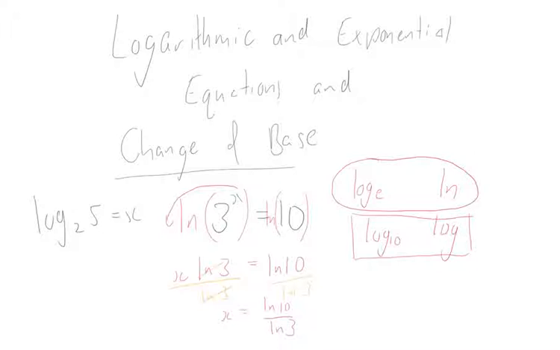You should know from last lesson, hopefully you recall, that version 1 is rearranging it to be the same as 2 to the power of x equals 5. We can then solve that basically the same as the question here. So there's one way of doing it. I generally prefer to rearrange it, but if you do like the change of base formula, that will work for you as well.